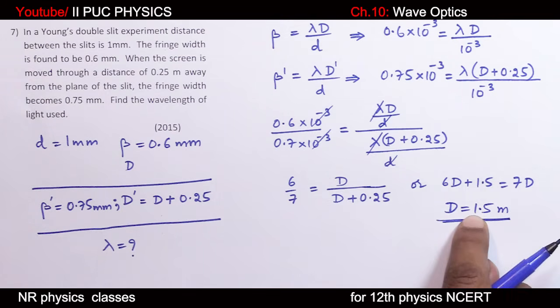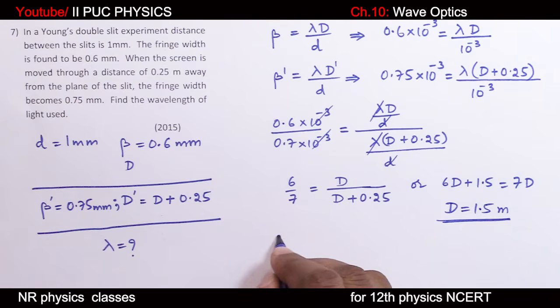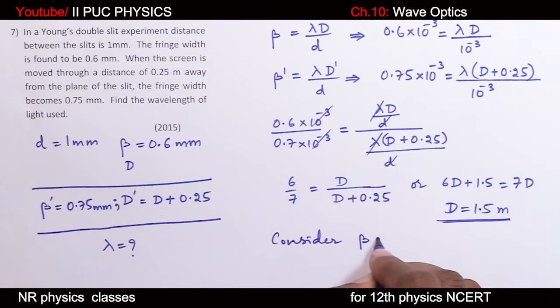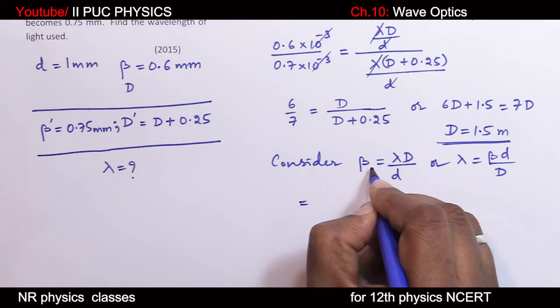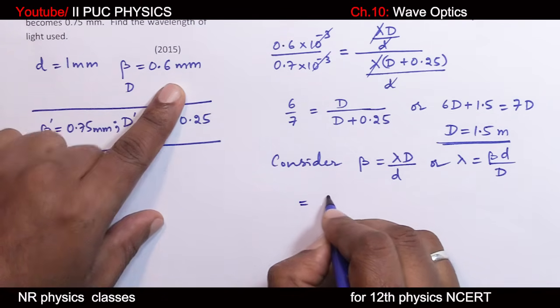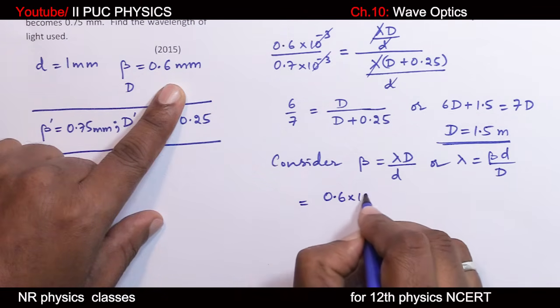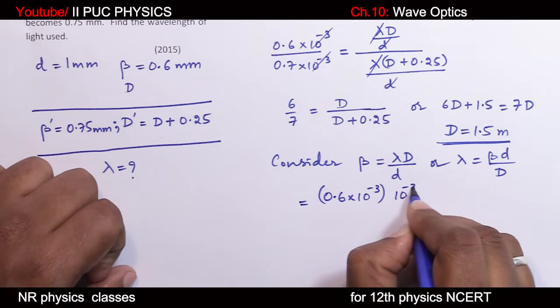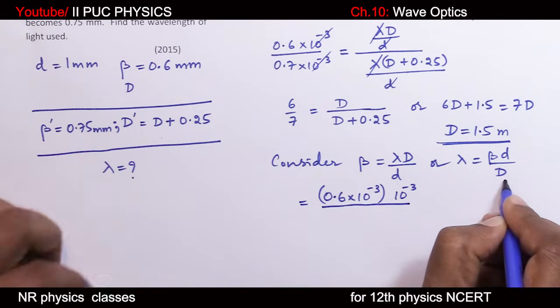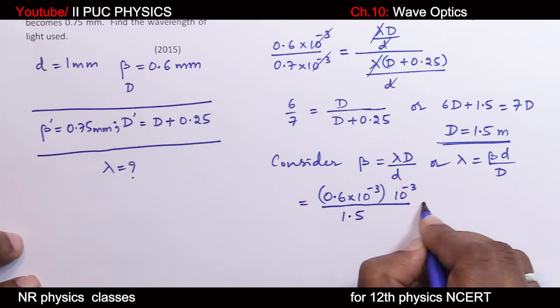But what we want is lambda, so use this. Consider beta equals lambda capital D by small d, or lambda is beta small d by capital D. Beta is 0.6 millimeter, 10^-3, small d is millimeter, 10^-3, by capital D is 1.5.